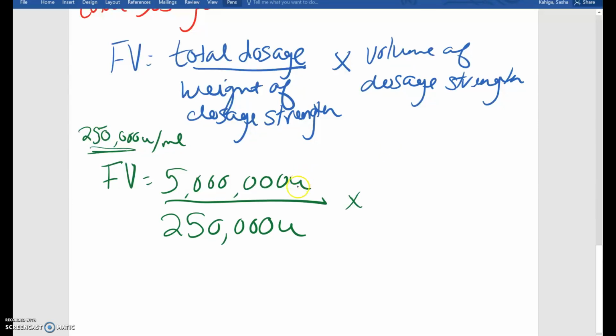So it'll be unit over unit times, then you'll multiply it by the volume of the dosage strength. The volume of the dosage strength is 1 milliliter. All right. My dosage strength, that volume of that dosage strength is 1 milliliter.